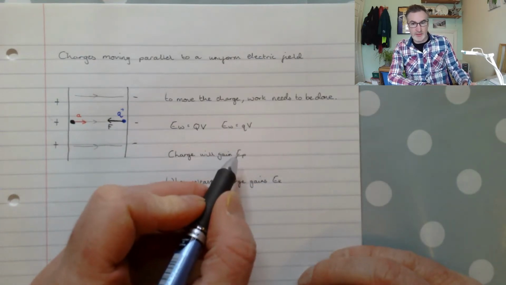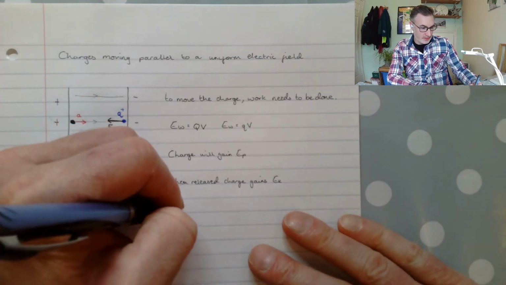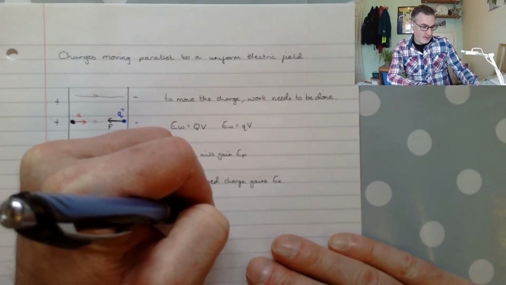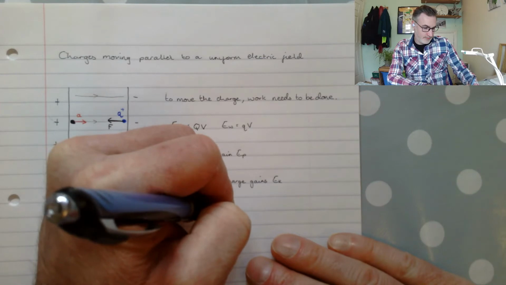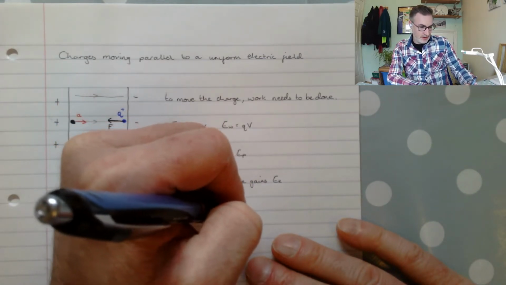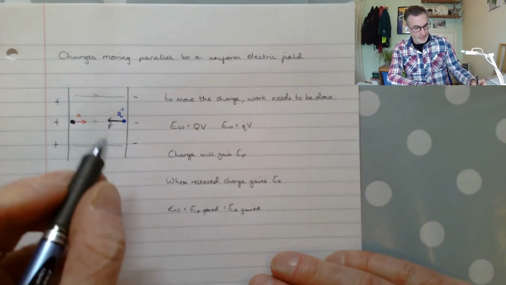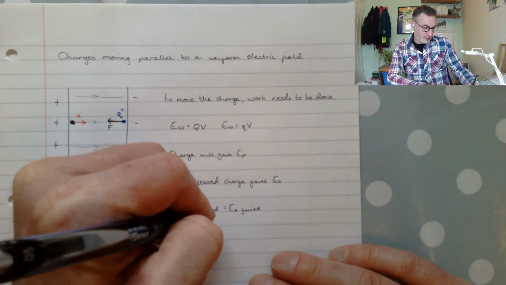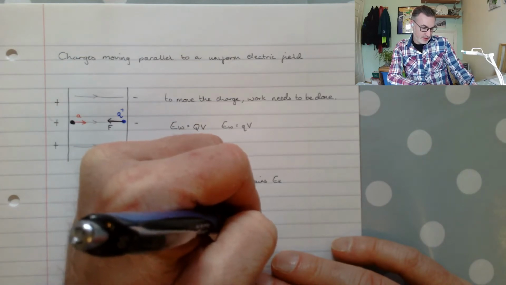And so we can equate them, and say that the EW is going to equal the EP gained, which is going to equal the Ek gained, at the positive side and the Ek gained at the negative side.